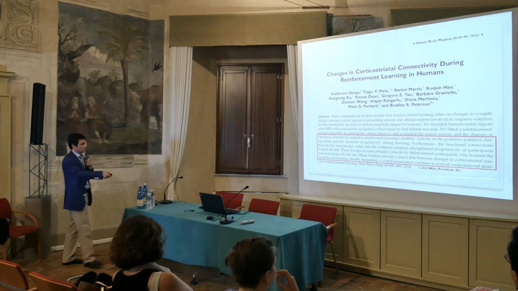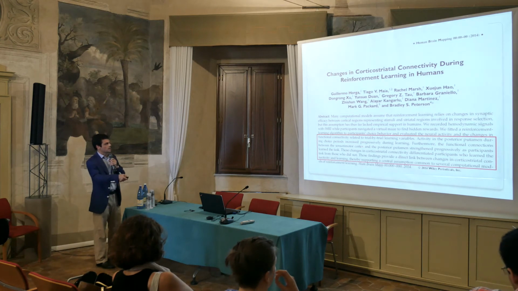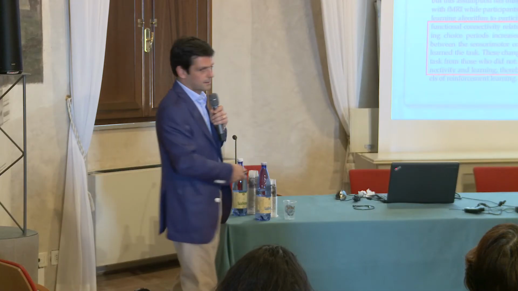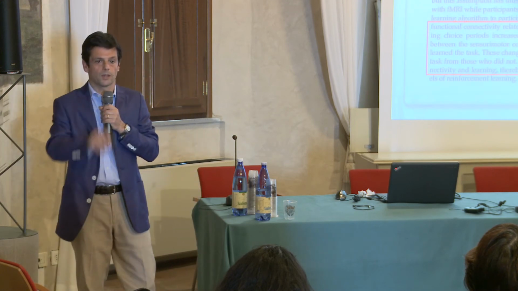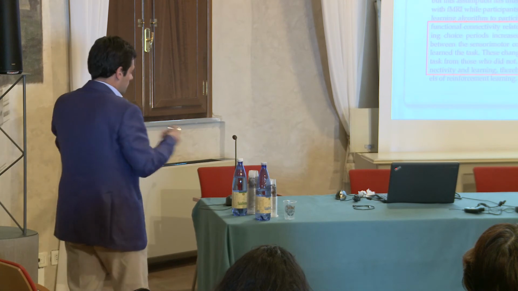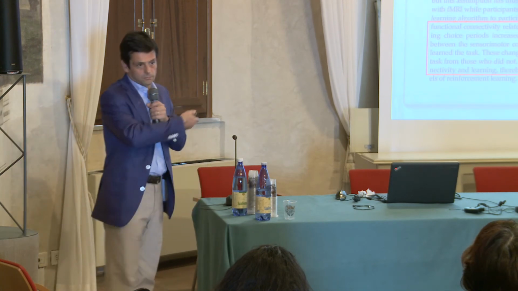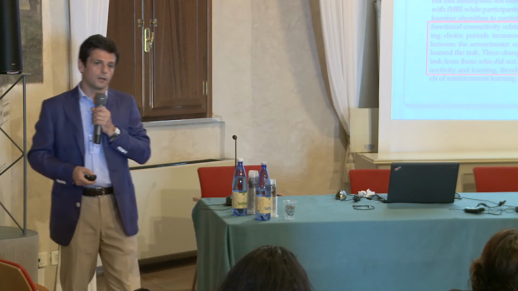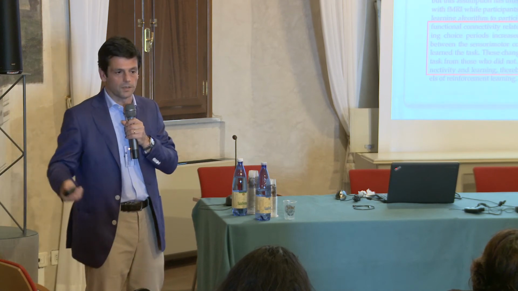They see that the activity in the putamen, the functional connectivity, was strengthened progressively as participants learned the task. In the putamen, in the striatum, which is a confirmation of what has been shown in vitro.